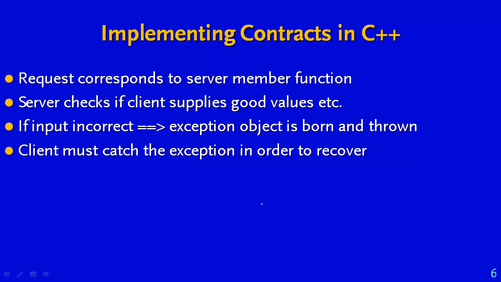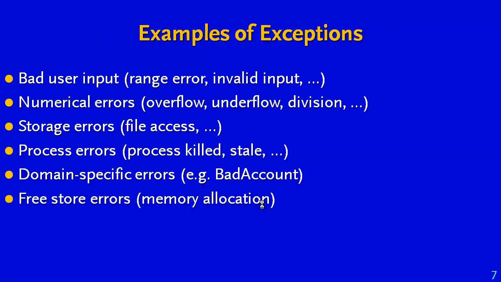Now, how do I implement contracts in C++? The client calls a server function. The server checks if the client supplies good values. If the input is incorrect and we want to throw an exception, we create an exception object and throw it back to the client, and the client will catch the exception in order to recover.